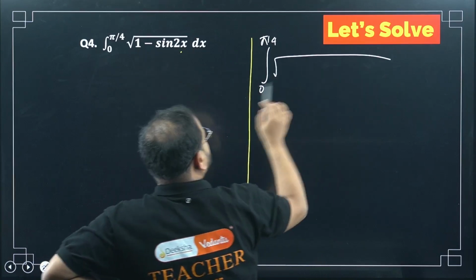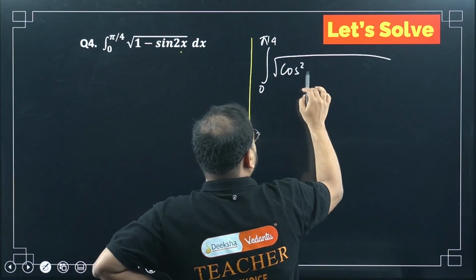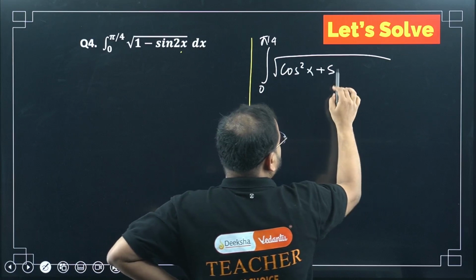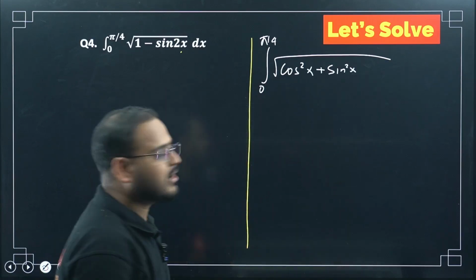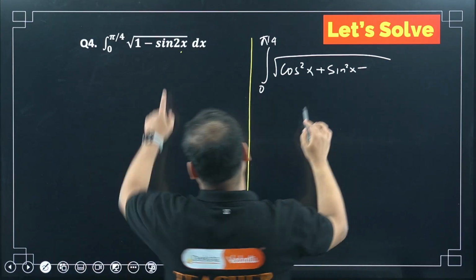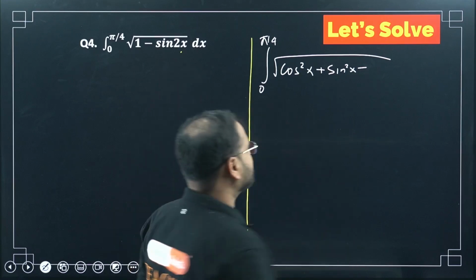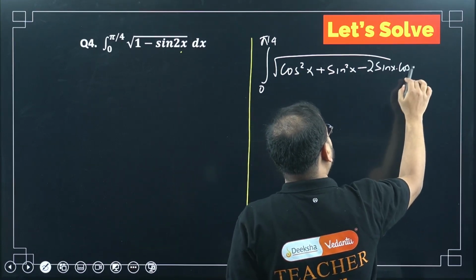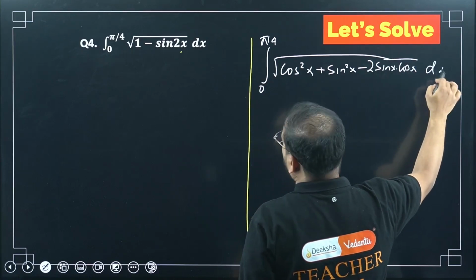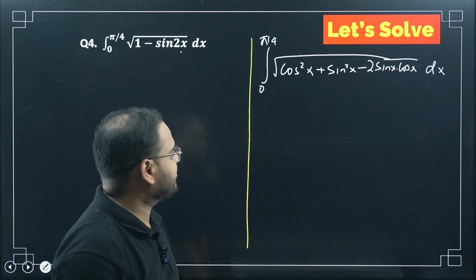I can write this one as cos square x plus sin square x. Am I right? Yes, cos square plus sin square is 1, minus sin 2x, which is what, bacha? 2 sin x cos x. With dx, the integration variable.